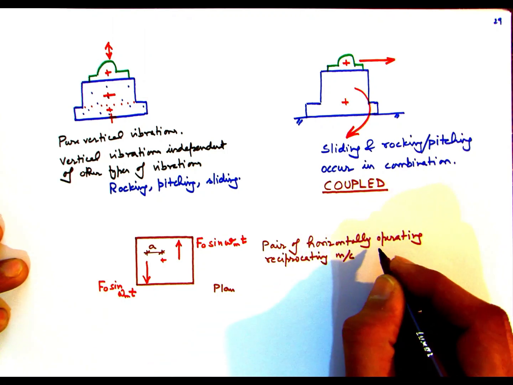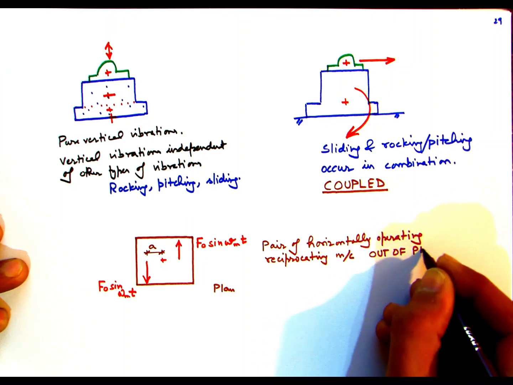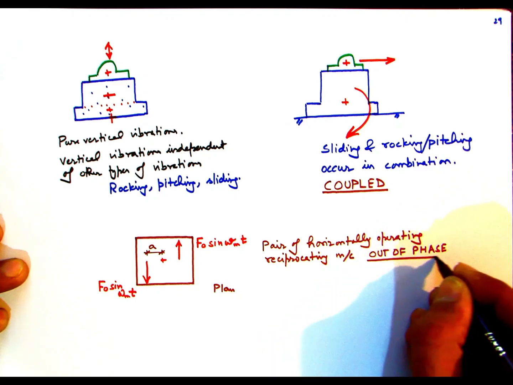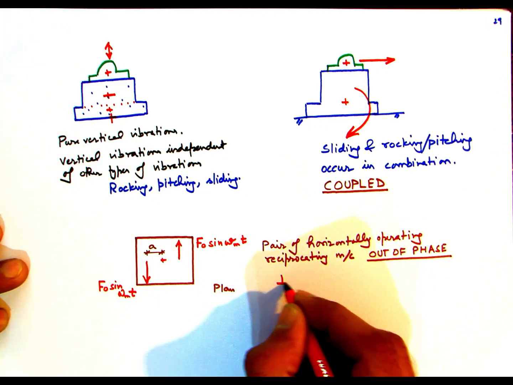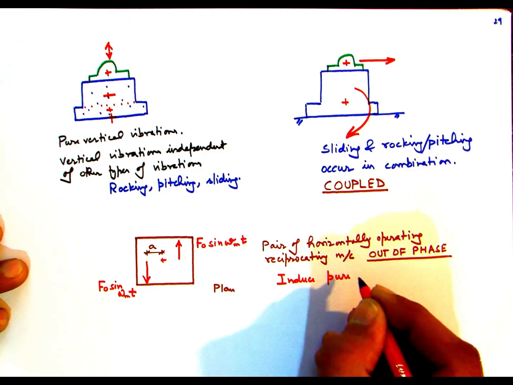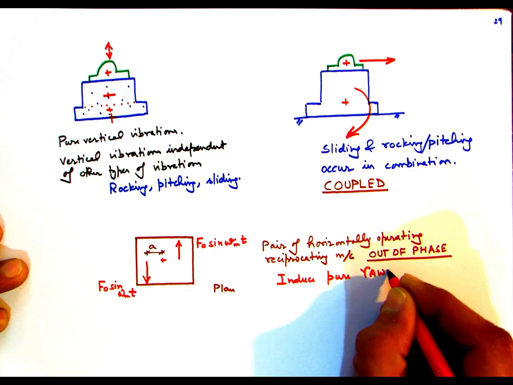So when one machine undergoes the motion on the positive side, the other one goes in the opposite direction. Now such a combination will induce pure yawing in the block foundation.